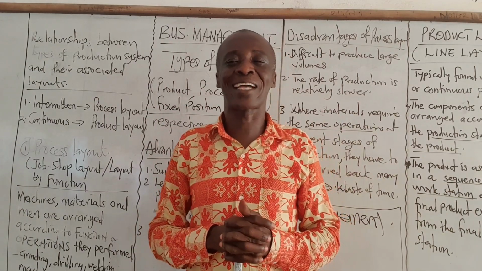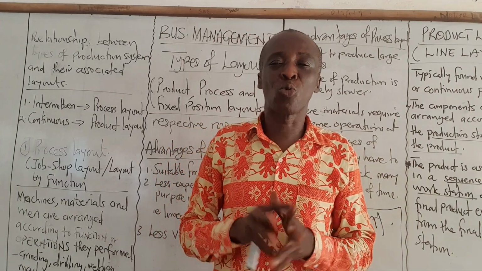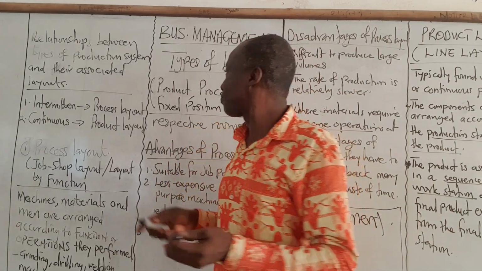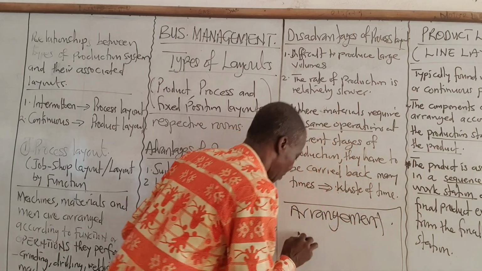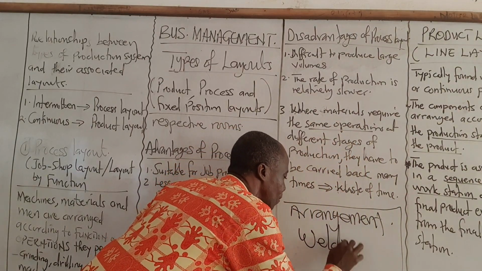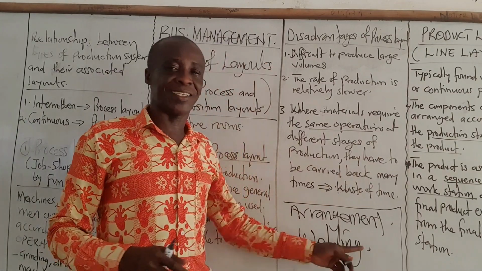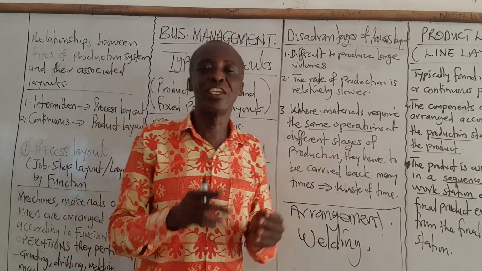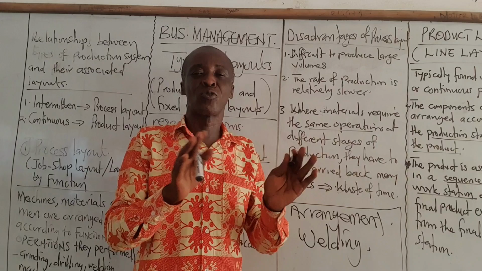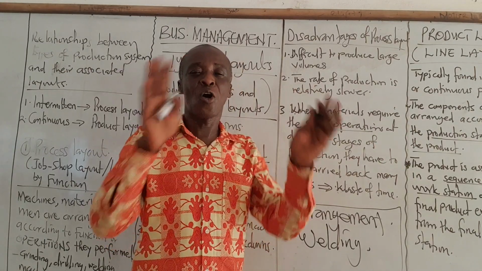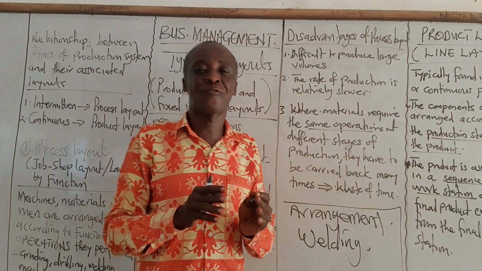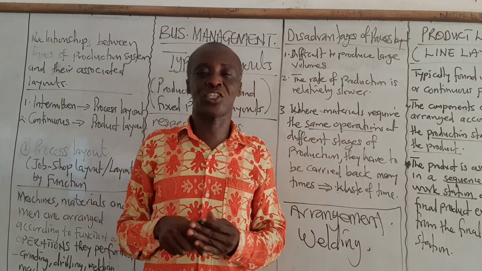All machines that are associated with welding will be arranged in one room, in the welding room. So when you go to that room, all the machines you see there are for welding. That is the function.